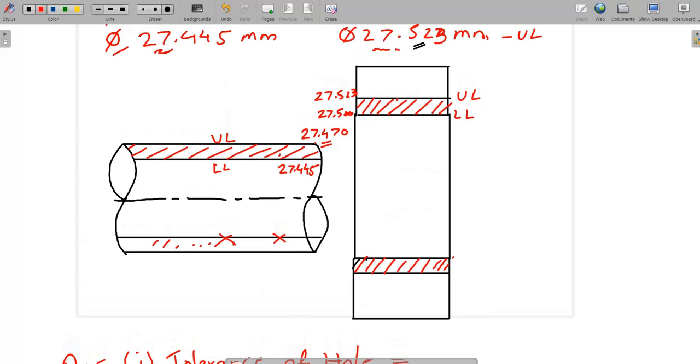If I consider this as an axis, this particular distance from the axis is the upper limit, and this particular distance is the lower limit. Upper limit minus lower limit gives this particular distance. That distance is our tolerance.